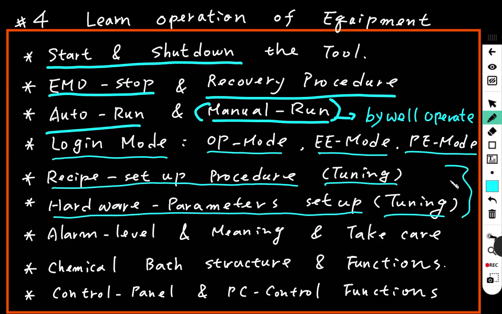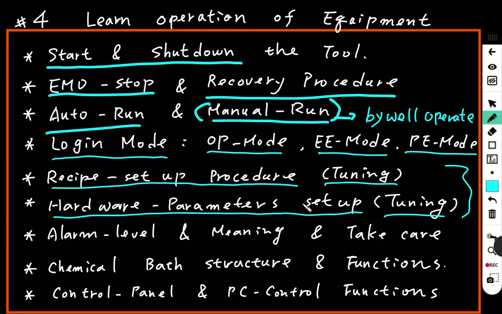So these two are very important, because some processes cannot rely on just the recipe. They also need the hardware parameters to help do the process.